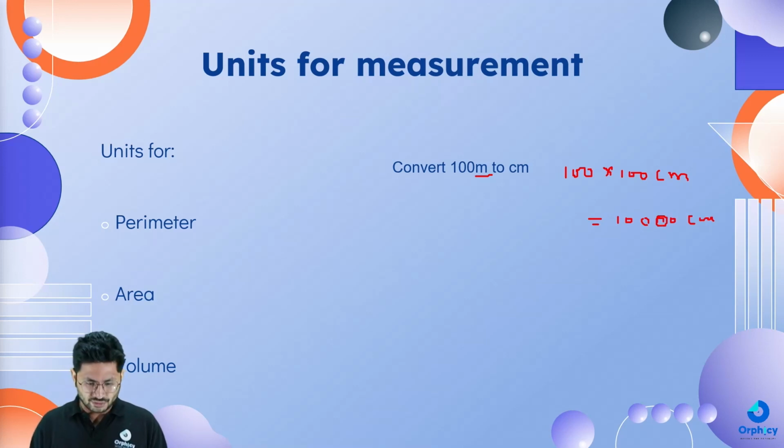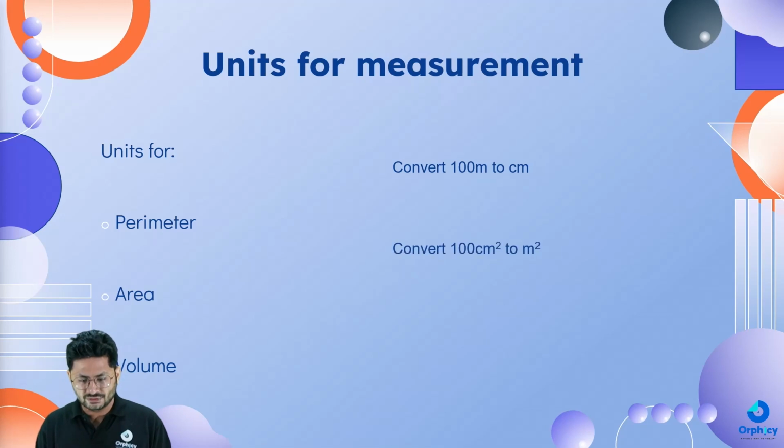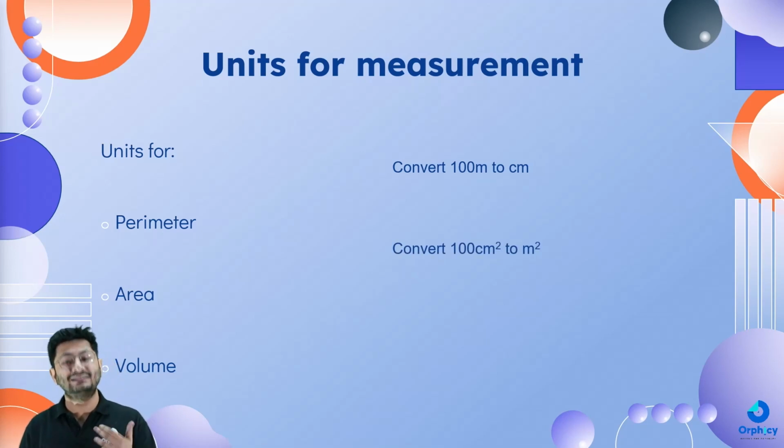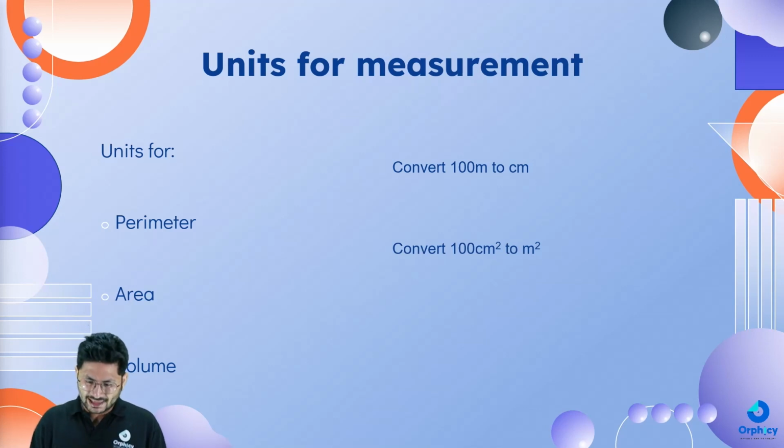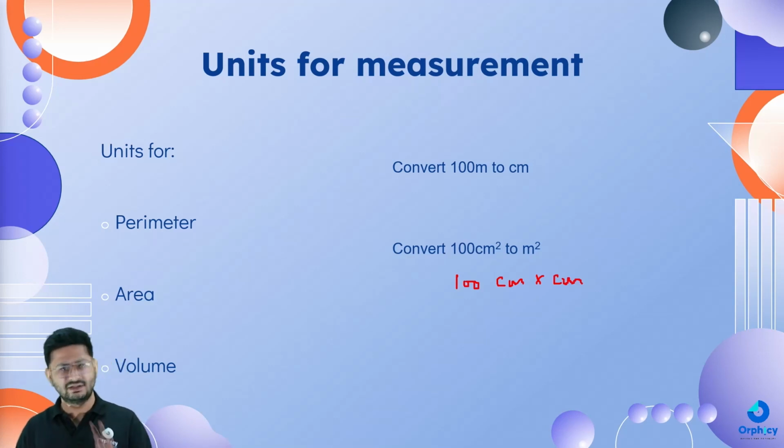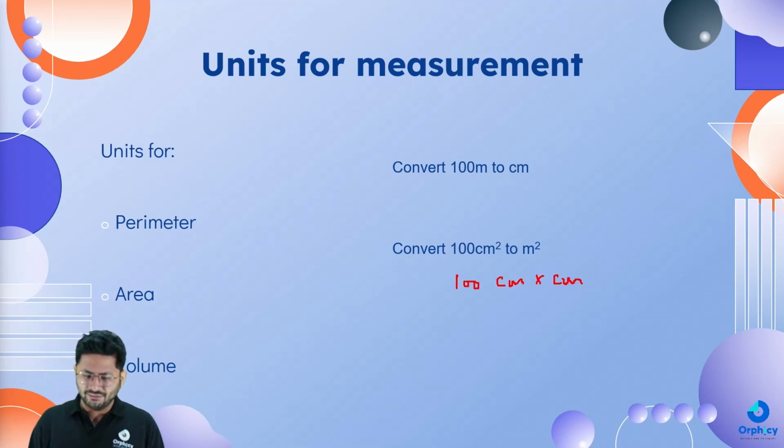Okay, let's do another conversion. In this, we need to convert 100 centimeter square into meter square. So this 100 centimeter square can be written as 100 centimeter into centimeter. No problem, because it is a centimeter square. And we already know that 1 centimeter is equal to 1 by 100 meters.